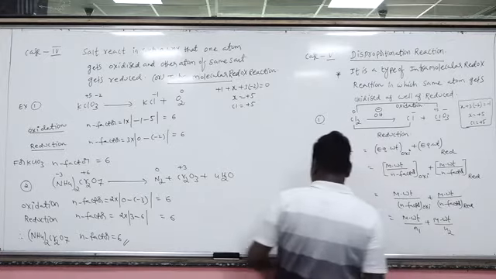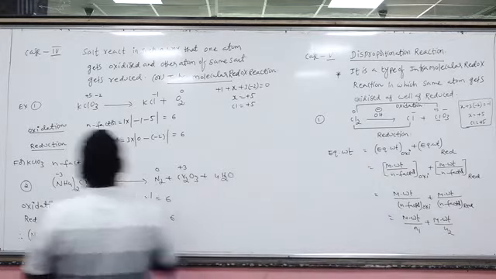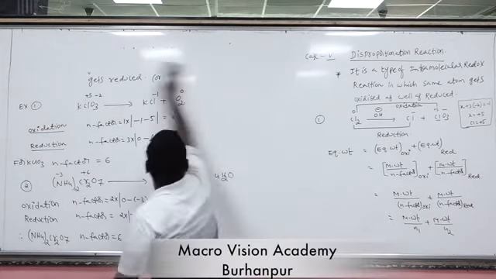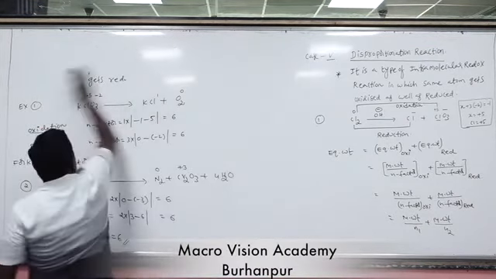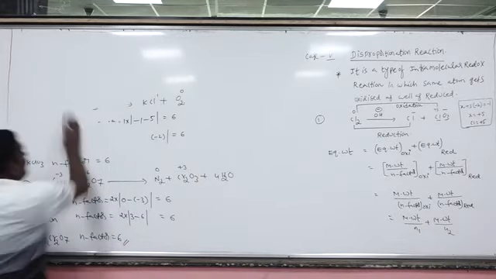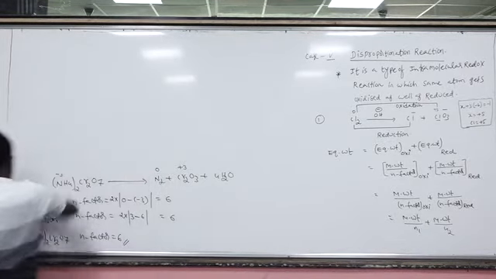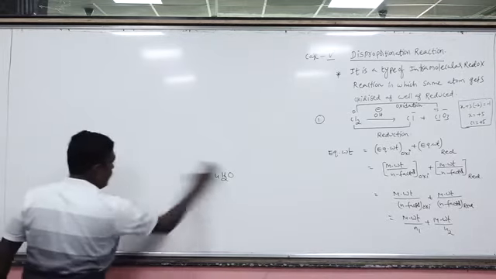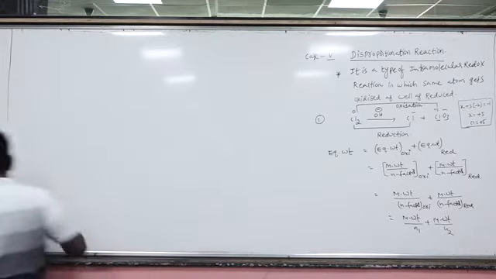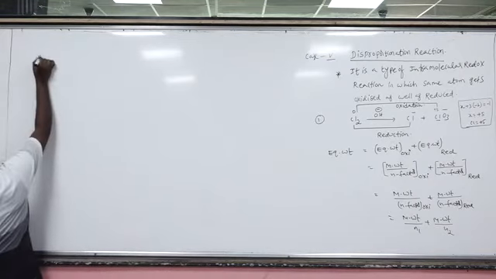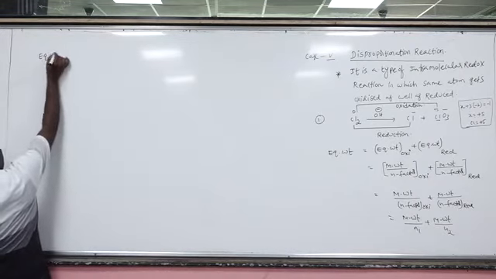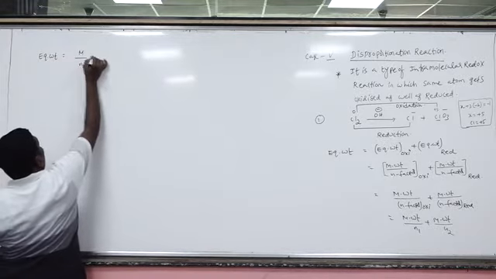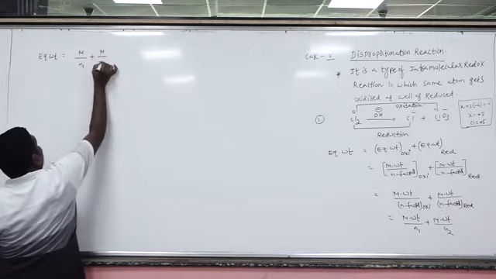Then the equivalent weight is equal to molecular weight M by N1 plus molecular weight M by N2.